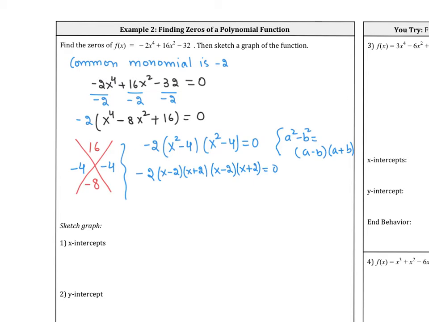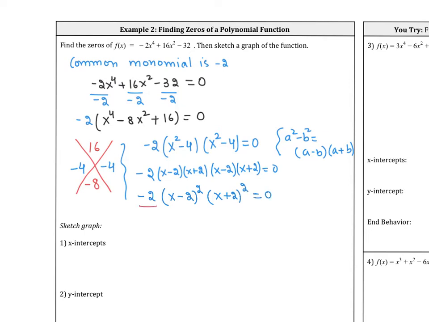I applied the formula a squared minus b squared, so x squared minus 2 squared can be written as x minus 2 times x plus 2. Bring down the negative 2 as it is. So you have negative 2 times (x minus 2) squared times (x plus 2) squared equals 0.